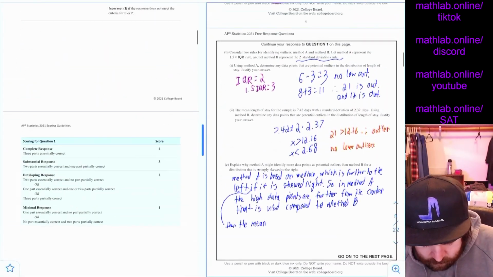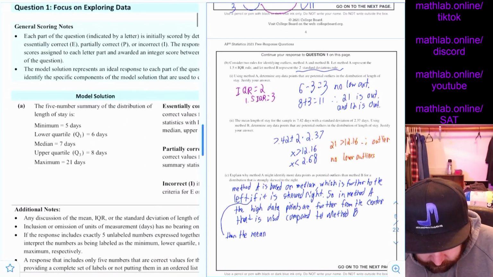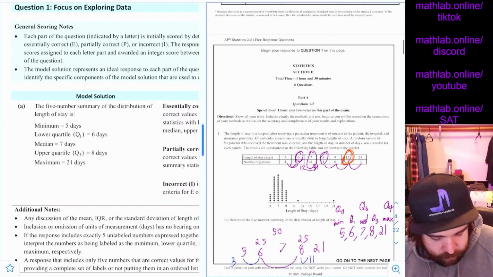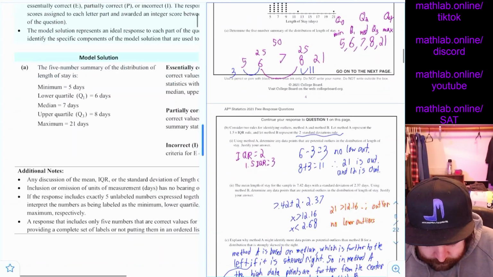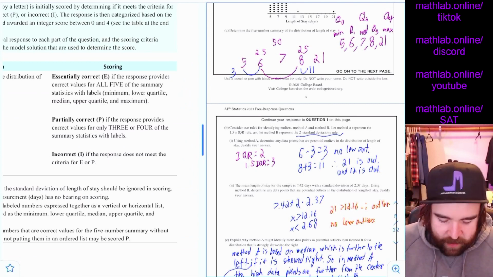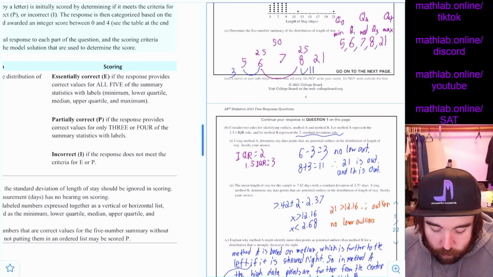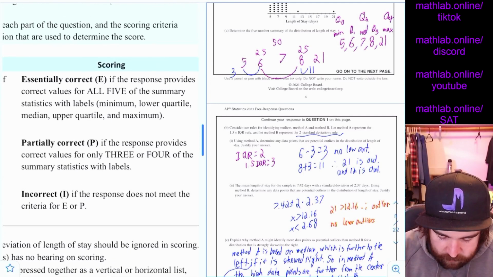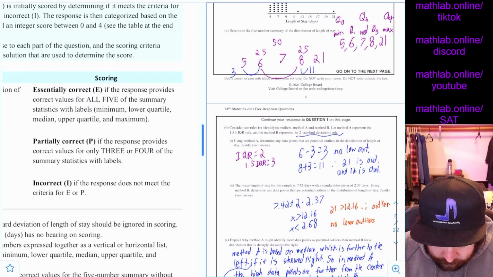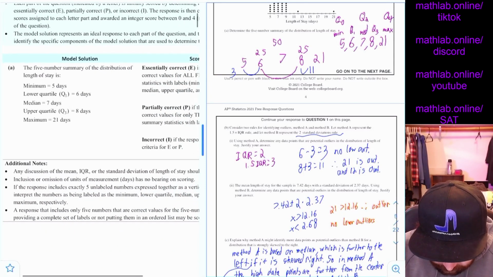So number 1, A, 5-number summary: 5, 6, 7, 8, 21. Yes. We got points for essentially correct if the response provides correct values for all 5 statistics with labels. Wow, so we did have to label it. What if you don't label anything?